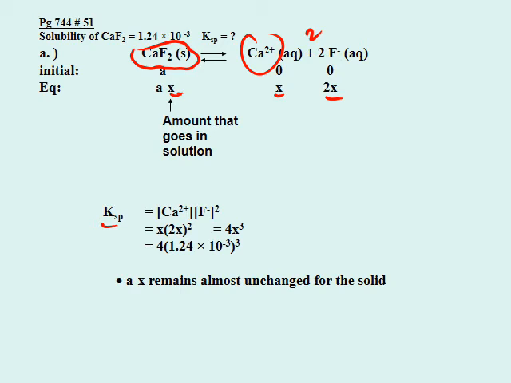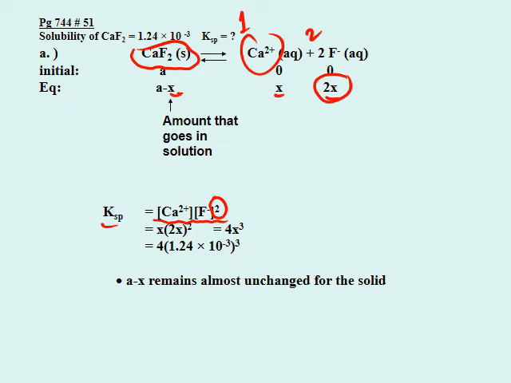So write down the equilibrium expression: calcium raised to the power 1, because of the balanced reaction, 1 calcium 2 plus and 2 F minus, and that's why you have power 2 here. In terms of X, calcium would be X and fluoride would be 2X. So X times 2X squared gives you 4X cubed.